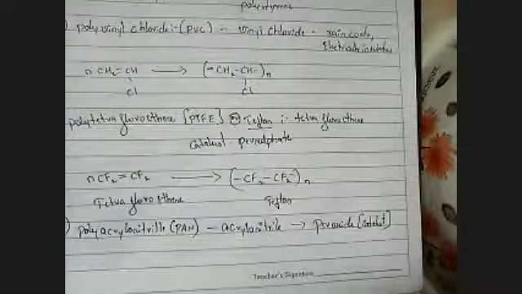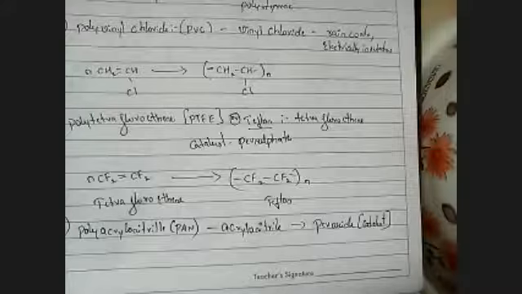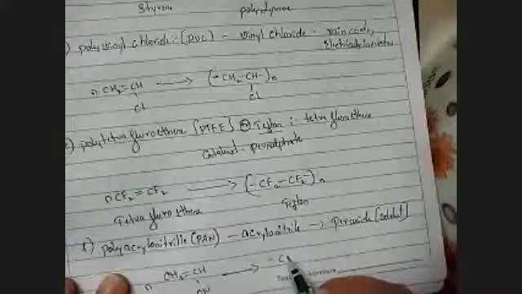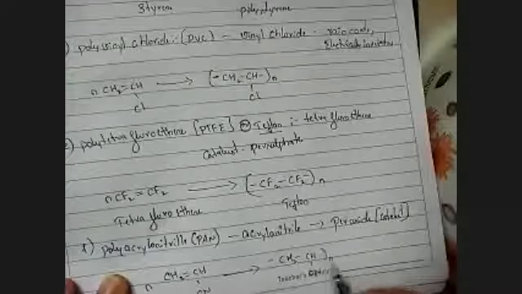Is it okay? Fine, next. Read the structure of acrylonitrile now: CH2 double bond CH and CN. Then polyacrylonitrile, with CN.